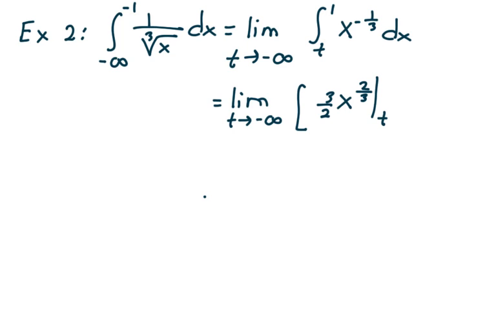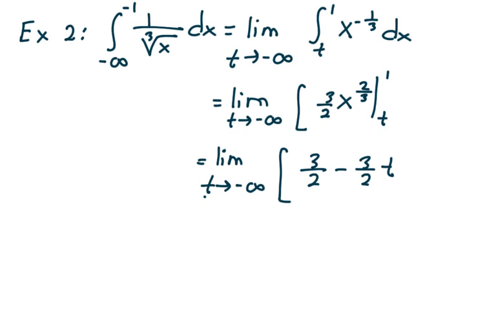And we're just going to evaluate from t up to negative 1. Now plug in for x the upper limit, and then plug t in for x, you get 3/2 t to the 2/3, like so.